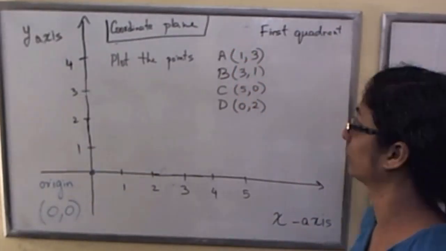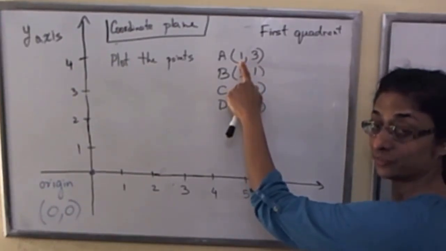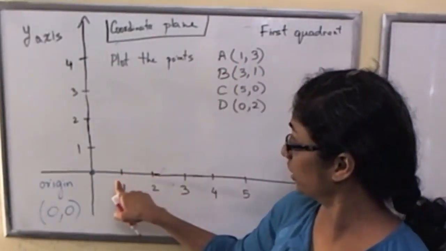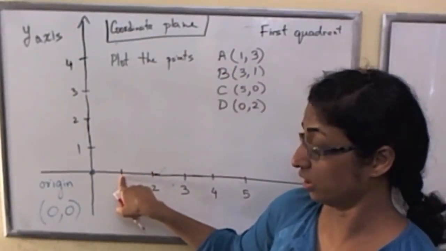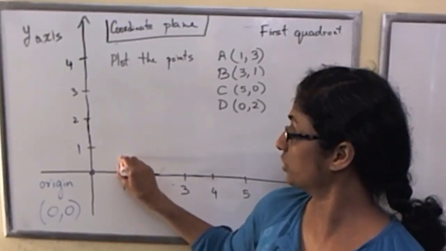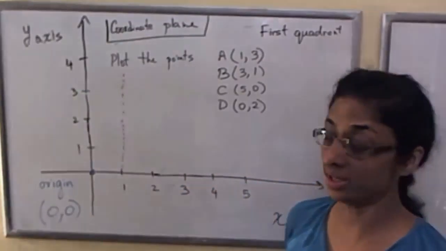How do we do that? We look at the x coordinate. That's 1. The first number is the x coordinate, and that one we first look for on the x-axis, and through that number 1 we draw a vertical line, a line that's parallel to the y-axis.